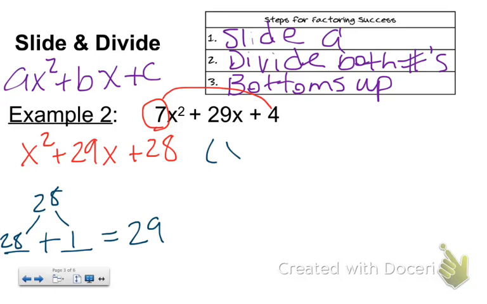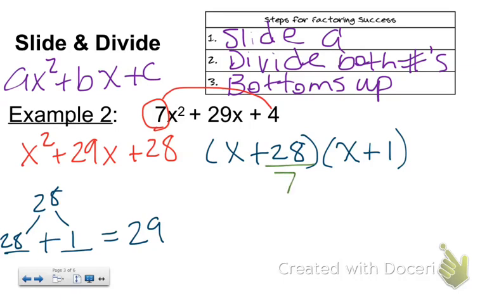So that tells me x plus 28 times x plus 1. But now I have to make up for the fact that I moved the 7. So now I'm going to have to divide both numbers by 7. Okay, and I'm left with x plus 4 times x plus 1/7.